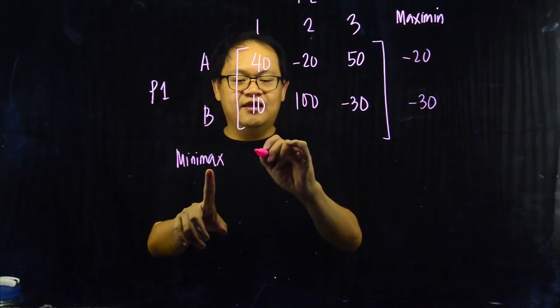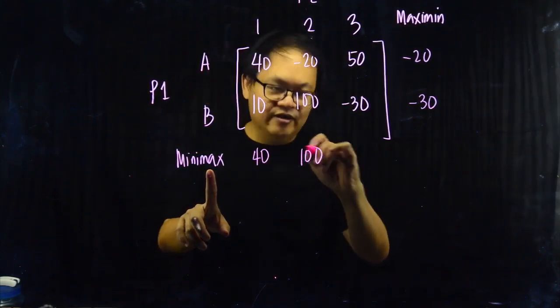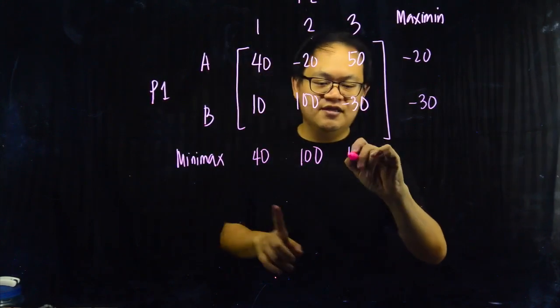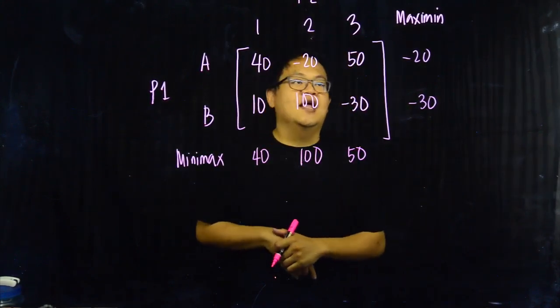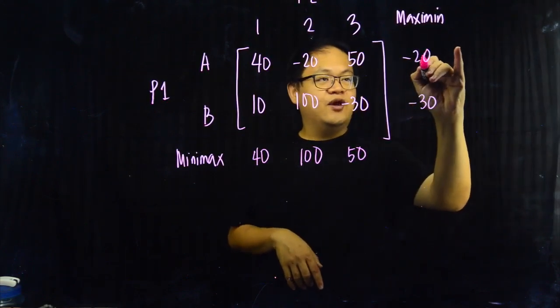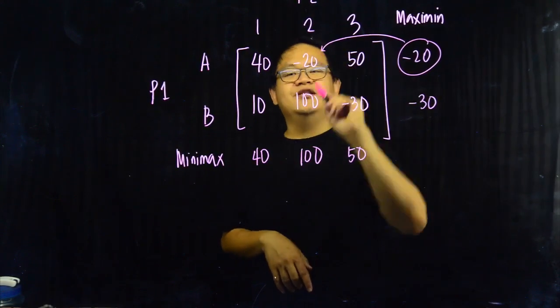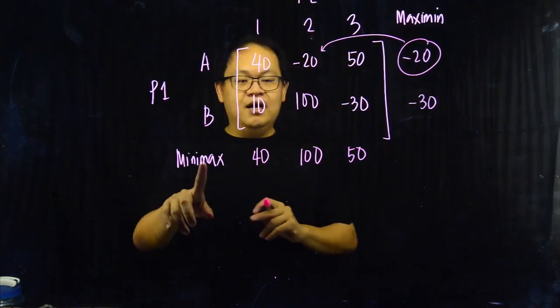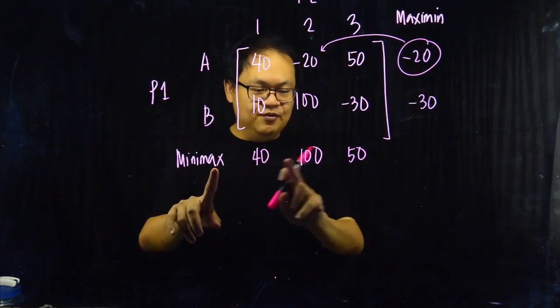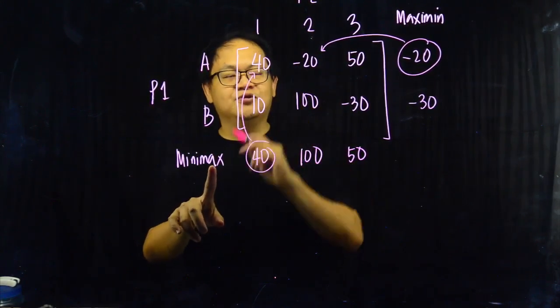Between 40 and 10, it's 40. Negative 20 and 100, it's 100. And 50, negative 30, it's 50. Among the minimums, you're trying to maximize, so between negative 20 and negative 30, which points to this solution. Among the maximums, the minimum is 40, which points to this solution.